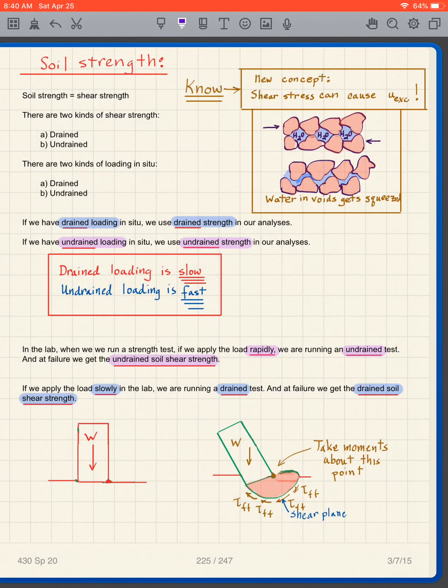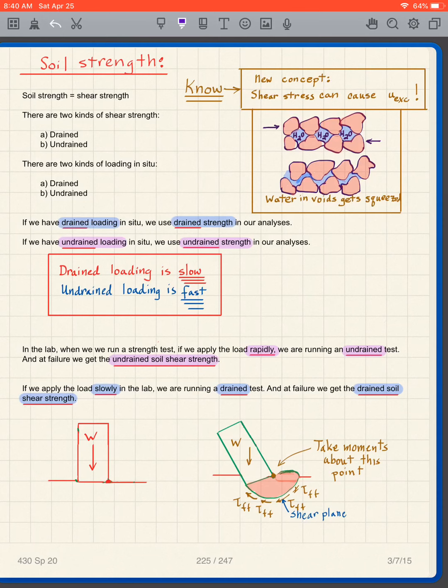Now, I want to say something about the concept that we have to get familiar with and why we use the terms drained and undrained. It's a new concept, and that concept is that shear stress can cause an excess pore pressure. We've talked about excess pore pressure and how it's generated in our settlement problems, but what we're going to find is that excess pore pressure can also be caused by shear.